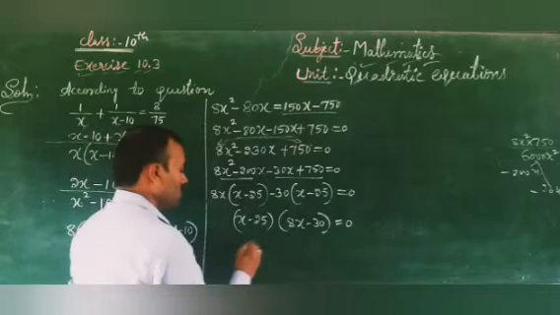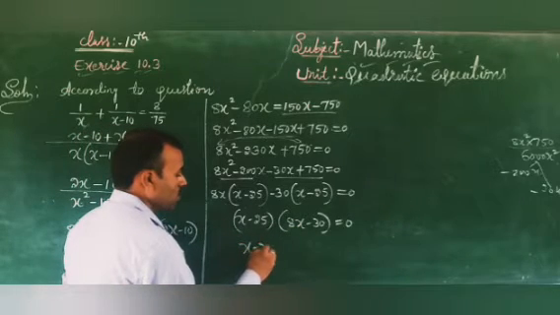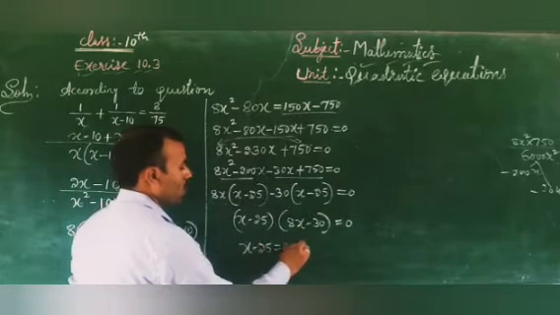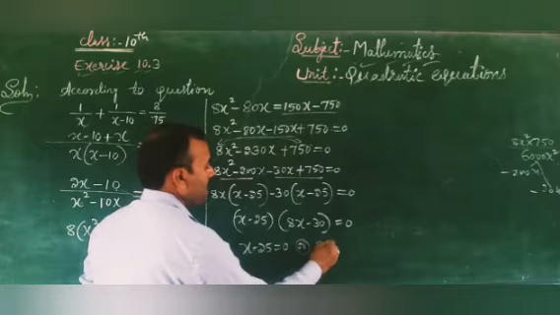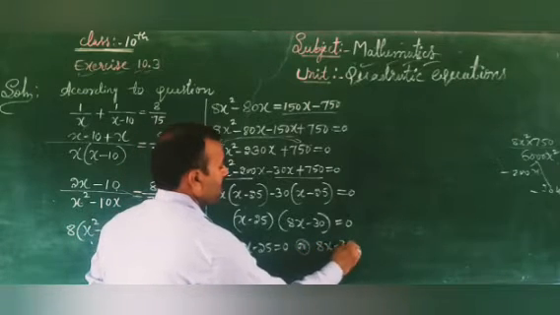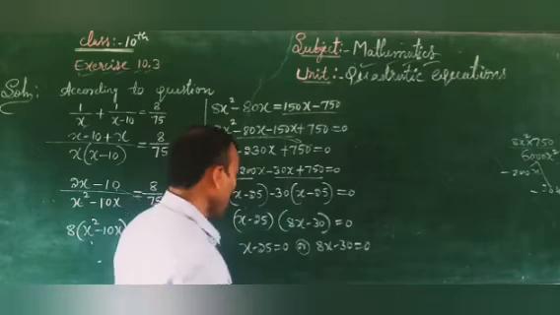Each factor equals 0: x minus 25 equals 0 or 8x minus 30 equals 0.